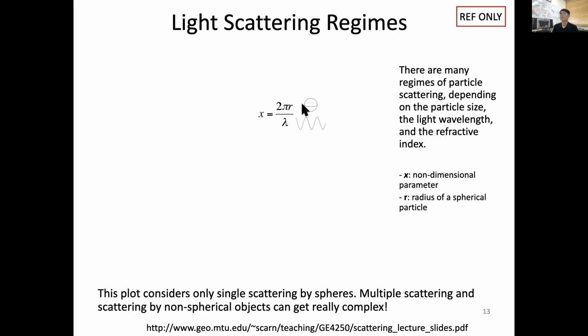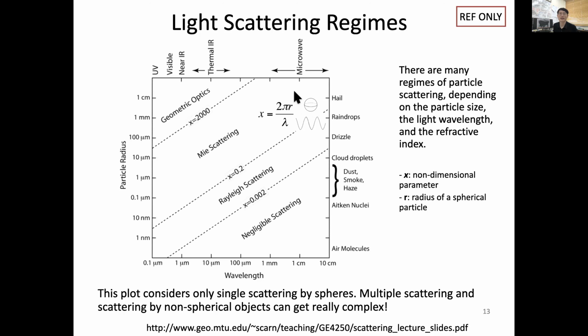So I want to show a plot, which is a little complicated for now, but it is based on the relative size of a particle compared to the wavelength. If the wavelength is very small, like X-ray, relatively, or the object is so huge, then it's in the geometric optics region.